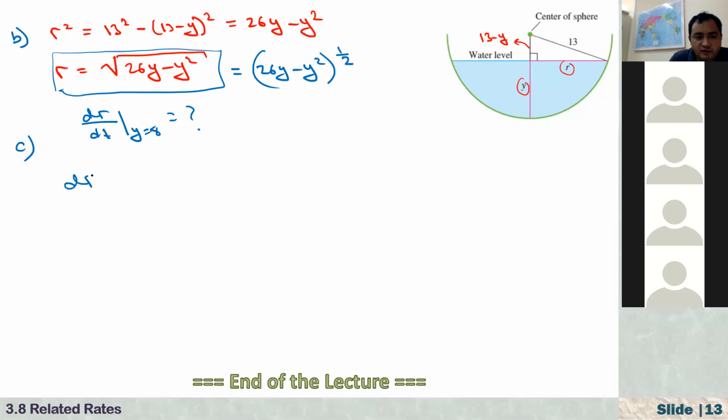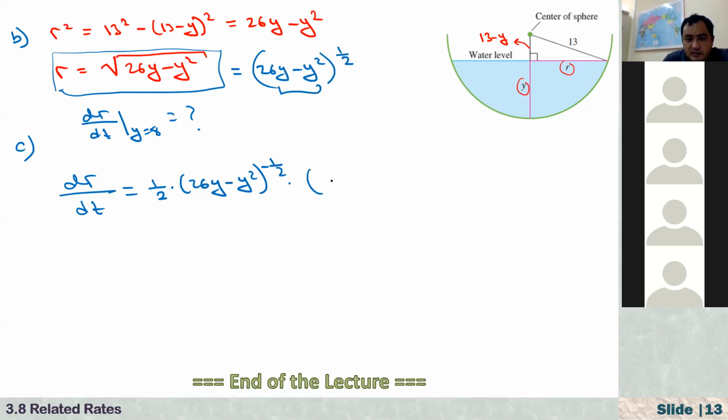If you differentiate both sides with respect to t, 1 over 2 comes to the front, 1 over 2 times (26y minus y squared) to the power of minus 1 over 2. Now we need to differentiate inside, that is 26 minus 2y, times dy/dt, okay?